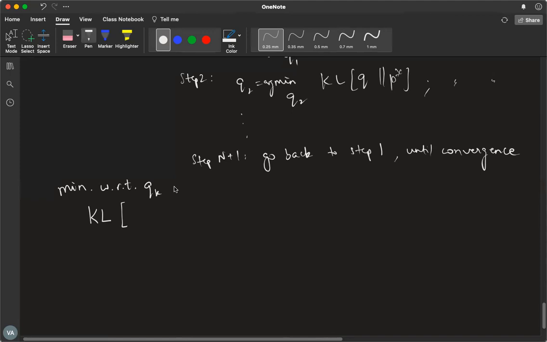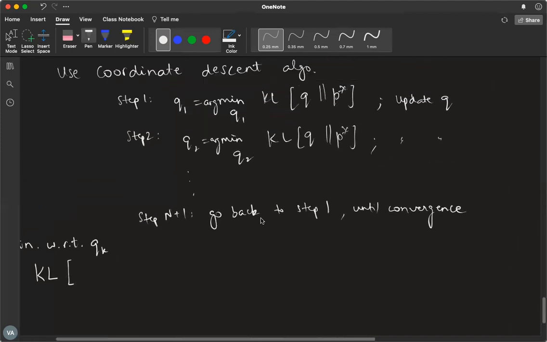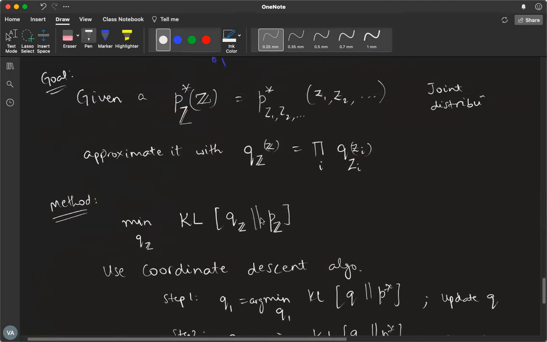Some k can be anything between 1 and capital N, where capital N is the total number of variables in this P star. Then I have to minimize my KL divergence, and I will use some simplified notations.